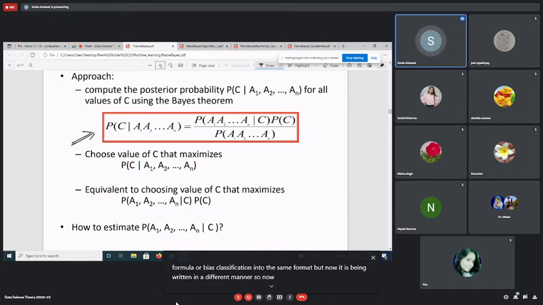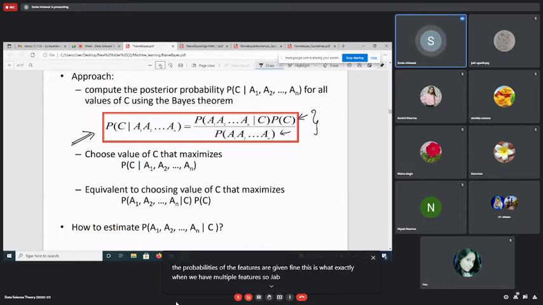So now P of class given A1, A2, A3, A4 is equal to P of A1, A2, A3, A4 given class, times P of class, divided by the probabilities of all the features. Fine. This is what we have when we have multiple features.